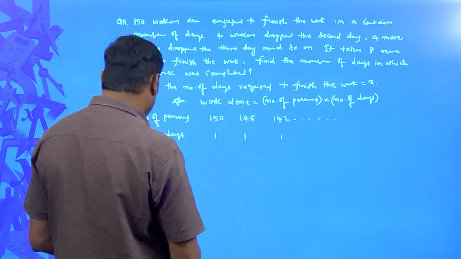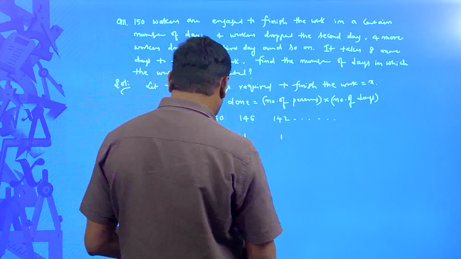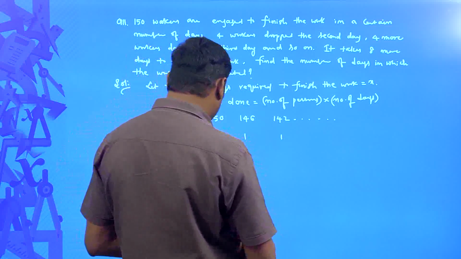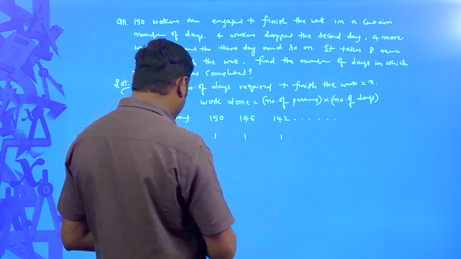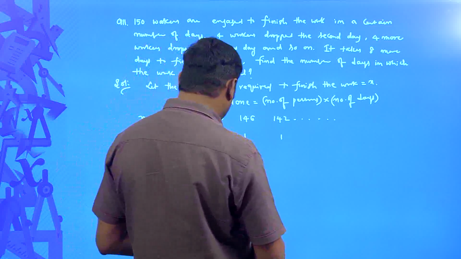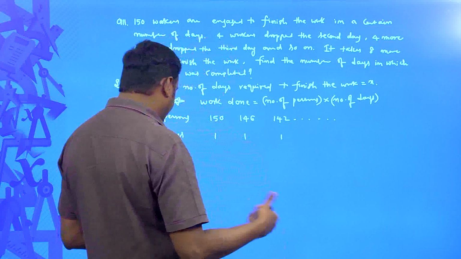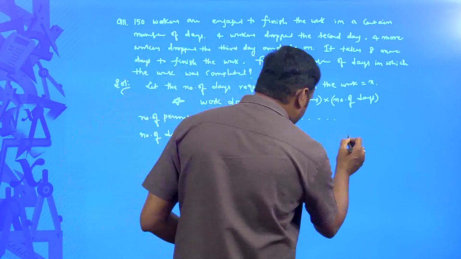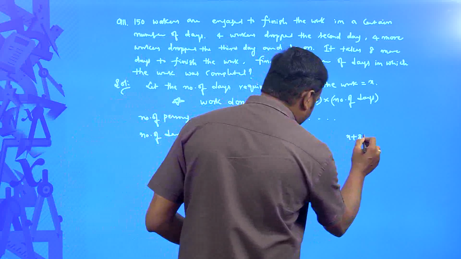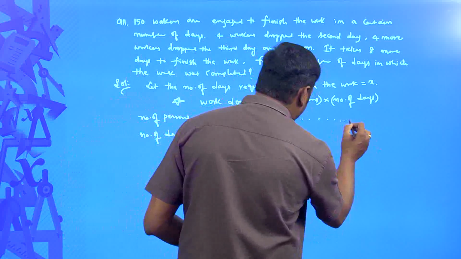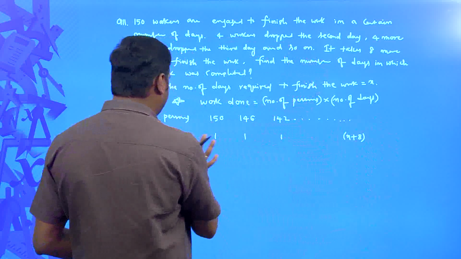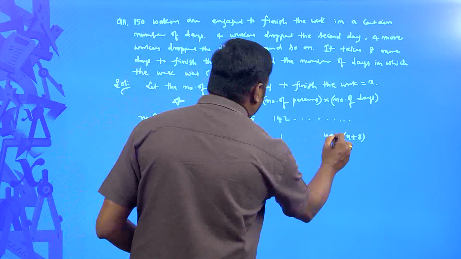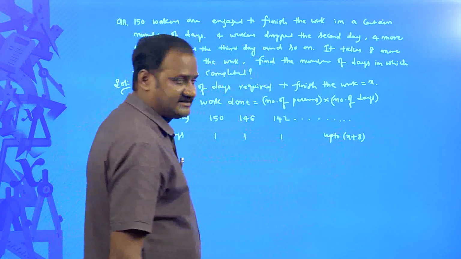So, the number of days is equal to, we do not know, that is why x plus 8 days, and the number of persons I do not know, because the number of days will be 1, 1, 1 like that up to x plus 8 days.